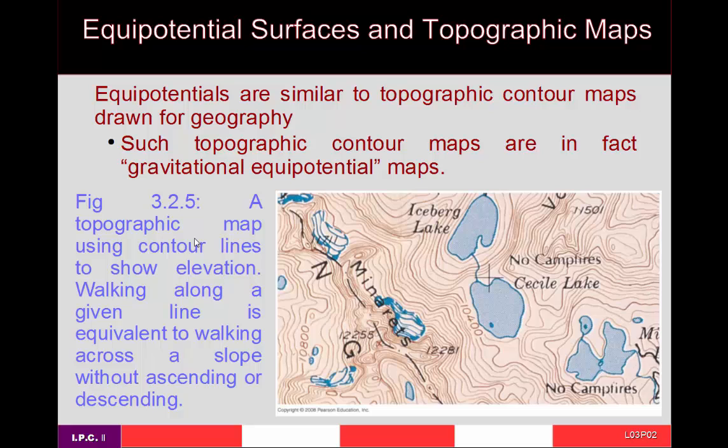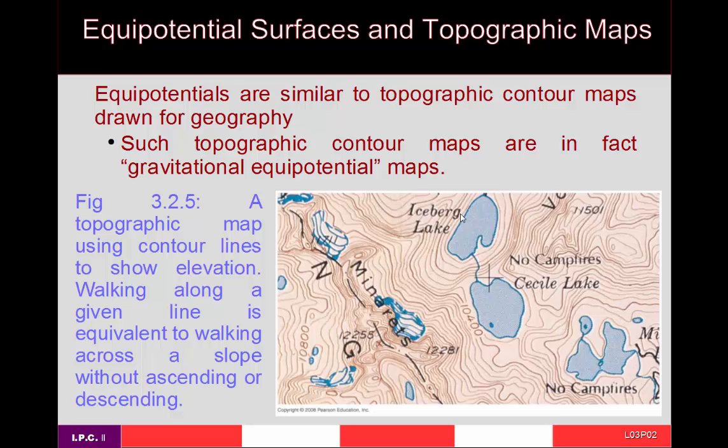The equipotential surfaces are actually very similar and conceptually almost the same as what's called a topographical map. A topographical map is usually used in, for example, a survey. It basically makes a contour map that shows differences in elevation for a given area.